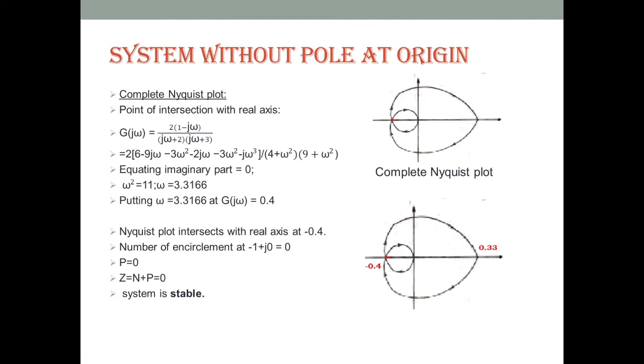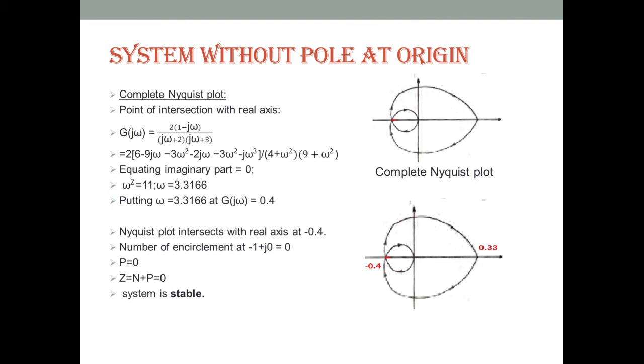Now to find the stability of the system using the Nyquist plot, we need to find the number of encirclements of the -1 plus j0 point, because we know that the characteristic equation is 1 plus G(s)H(s) equal to 0, and from that we can say that G(s)H(s) is equal to -1.